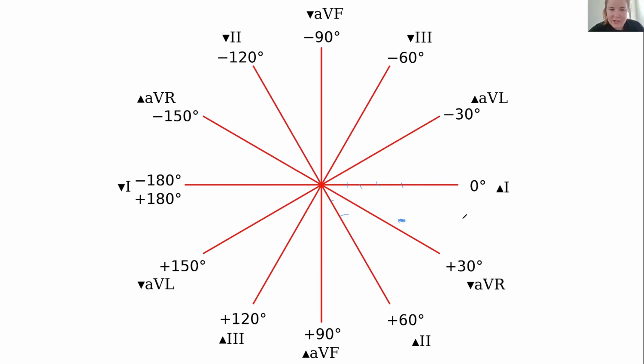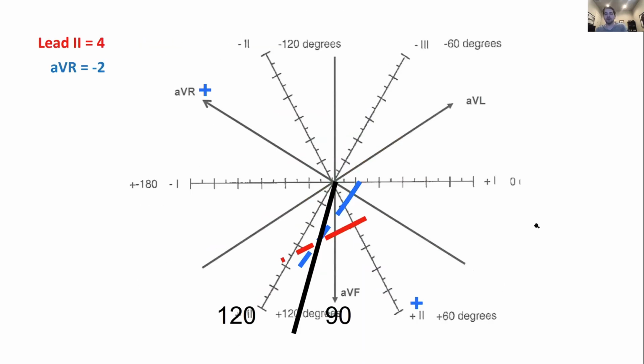Hey, Brady, can we talk real quick about negative versus positive on these lines? Yeah, that was going to be my other question. This is a little confusing just because I pulled this off of Wikipedia, but let's lay it out.